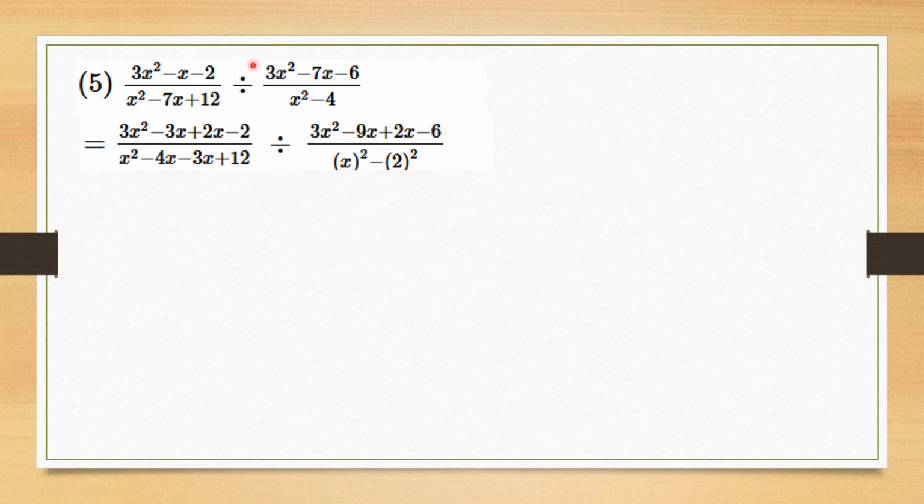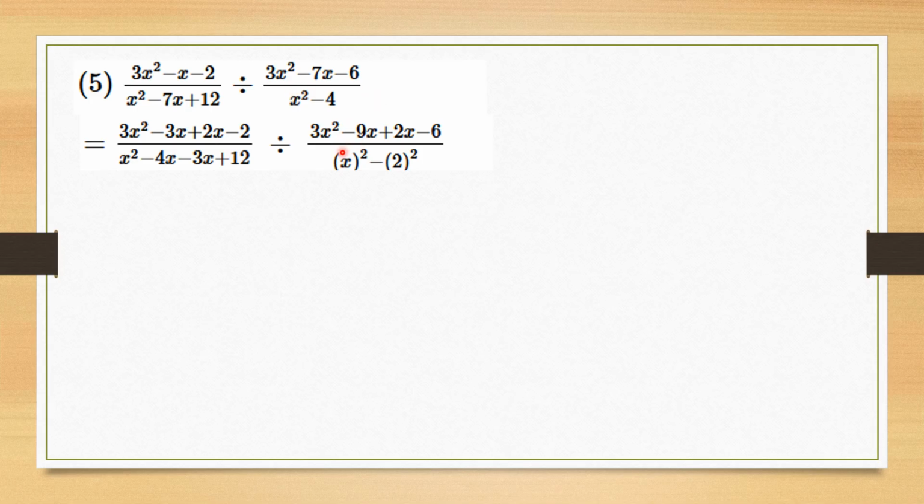divided by, now if you see the numerator of this expression, it is 3x squared minus 7x minus 6. If you multiply 3 into 6, you'll get 18. Minus 18, because this is a minus sign here. Now minus 18 you have to split into two such terms that after multiplying those numbers you should get minus 18, and after adding you should get the middle term, and in this case the middle term is minus 7.